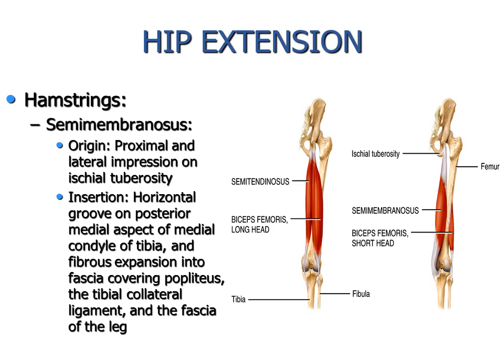It also inserts into a fibrous expansion into the fascia that covers the popliteus muscle, with a slip into the tibial collateral ligament, and then finally a slip into the fascia of the leg. So these three muscles, the hamstring muscles, have in common that they are all two-joint muscles operating at both the hip and at the knee.